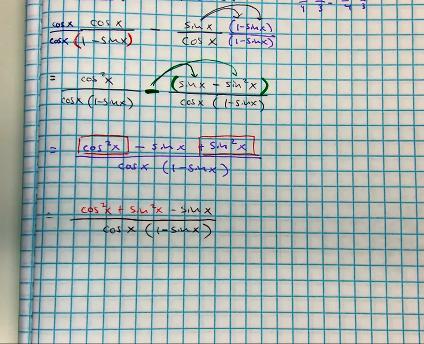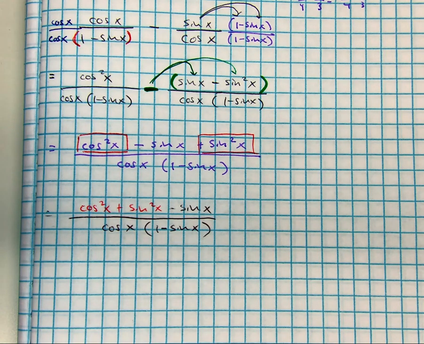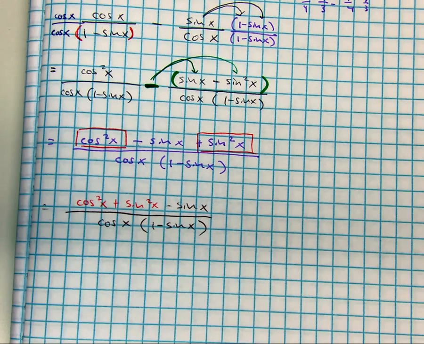Okay. Partner B tell partner A, why did I put the red ones together? And what do you think this red one means? I'll give you a hint. It's on your identity formula sheet. Because on the big diagram, there's a sine squared and a cosine squared.